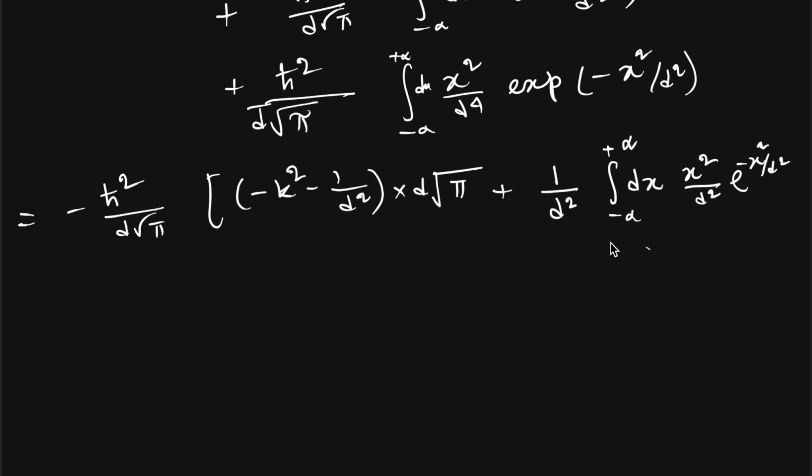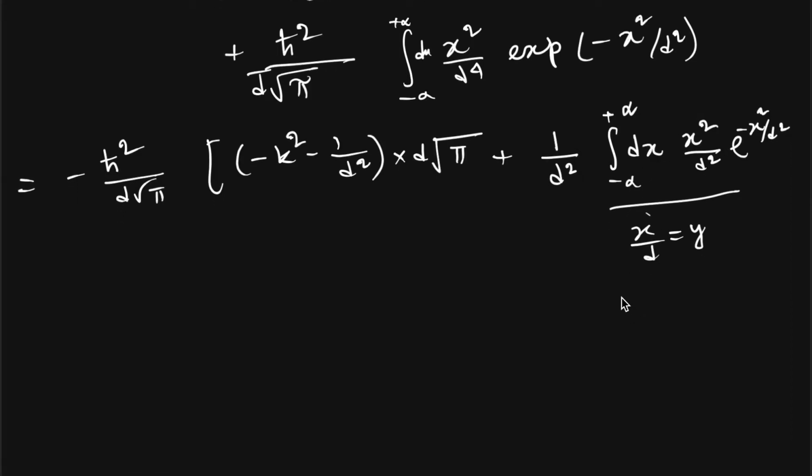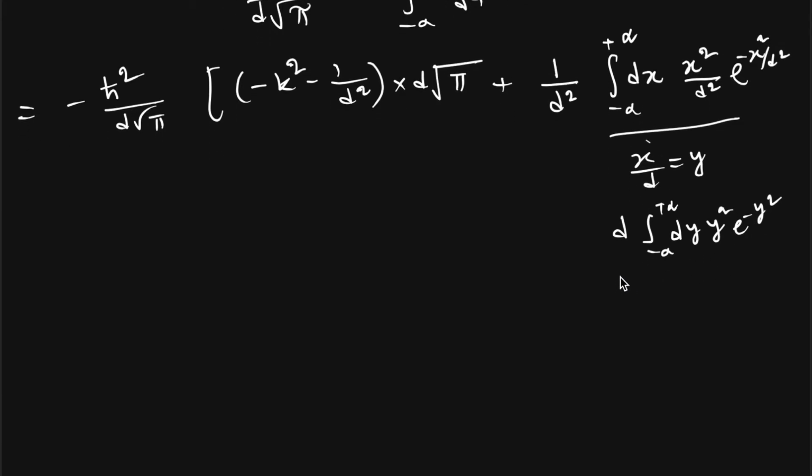If we take x by d equal to y, this integral will become d, integral from minus infinity to plus infinity dy y square e to the power minus y square, which means this integration is gamma 3 by 2, and gamma 3 by 2 means half root pi.